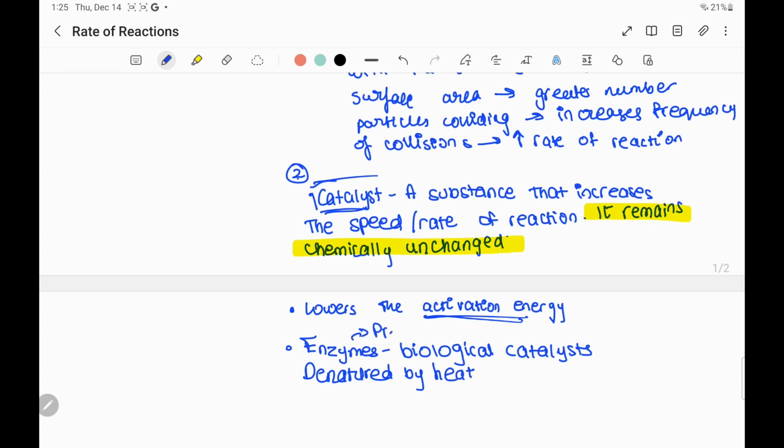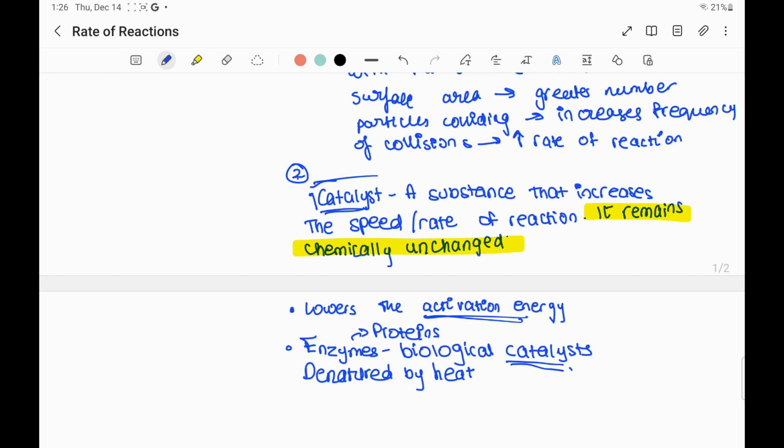Enzymes are proteins, you guys. They're biological catalysts. This is basically within our bodies, the reactions that occur within our bodies, and enzymes increase the rate of reactions within our bodies. However, they can only work at a specific temperature.